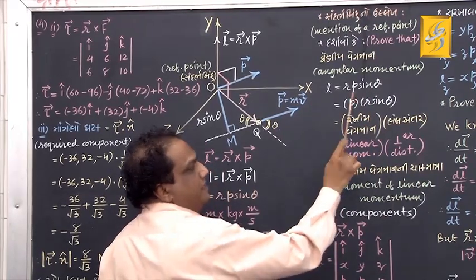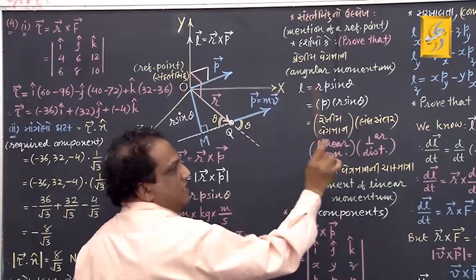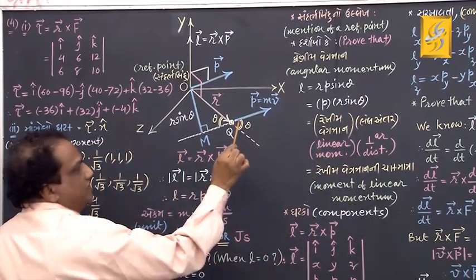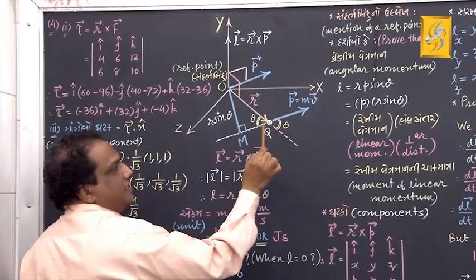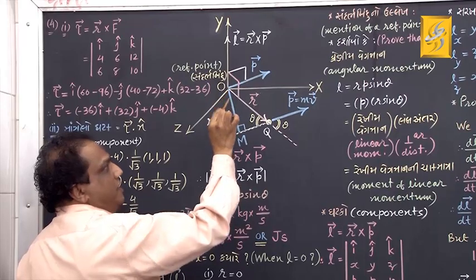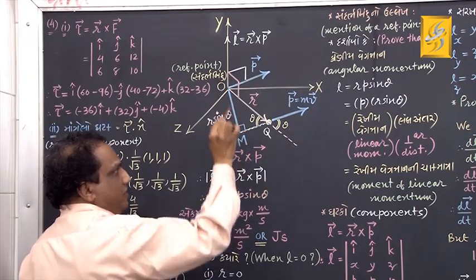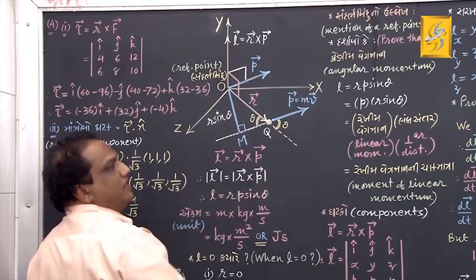What is p? p is linear momentum. What is r sin theta? I am showing you. If this angle is theta, this also will be theta because vertically opposite angles are always equal. And now draw one perpendicular from this reference point on this line passing through vector p.